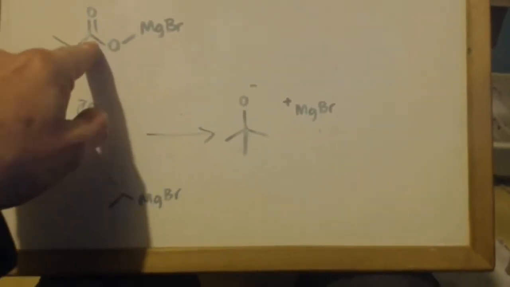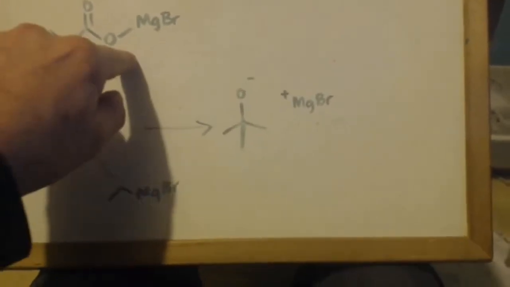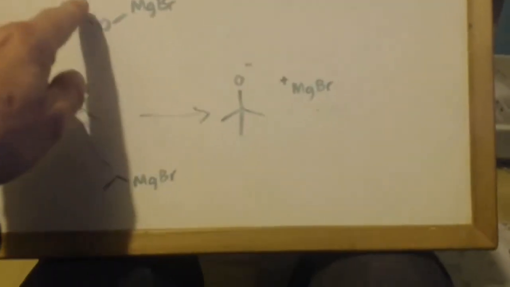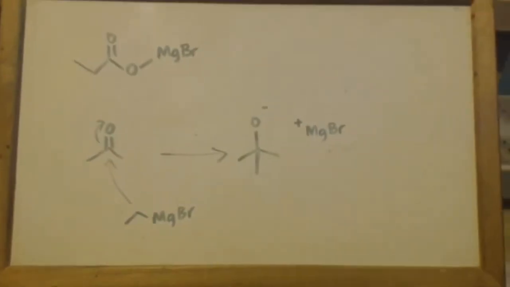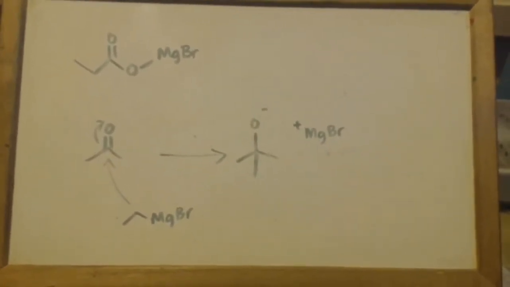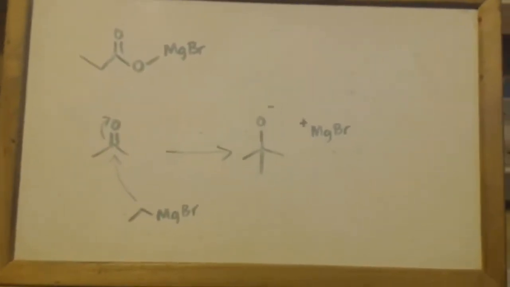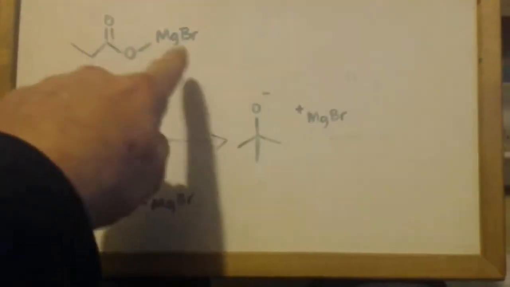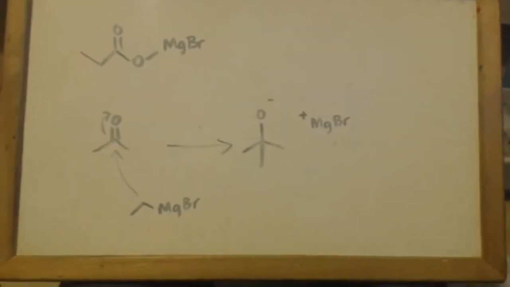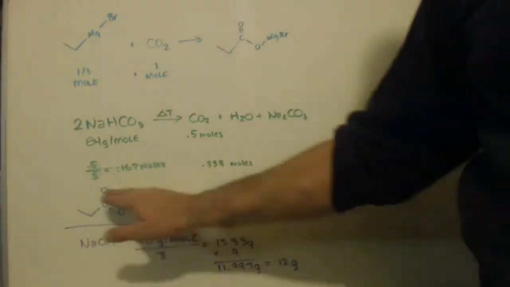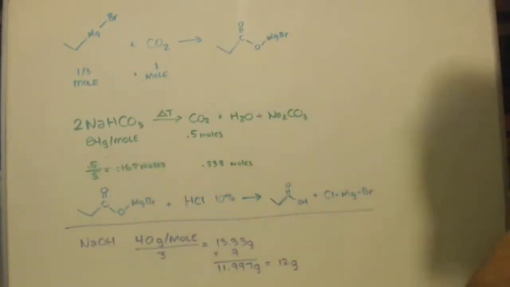The double bond that used to exist here for the CO2 jumped up onto the oxygen, just like over here. But because of this double bond, you don't get the tetrahedral intermediate, and you don't get the alkoxide. You get the salt of a carboxylic acid. Now, I'm just guessing about this. It just makes sense. You know what I'm saying? Is it true? I don't know. This is true. This is a guess. Again, I'm unsure that this is actually correct.